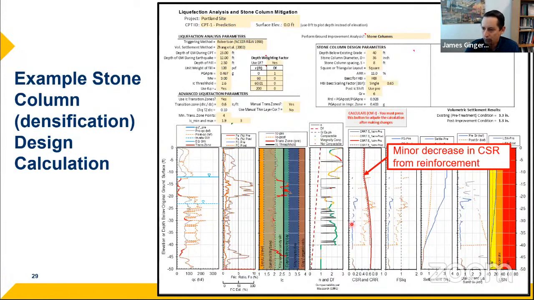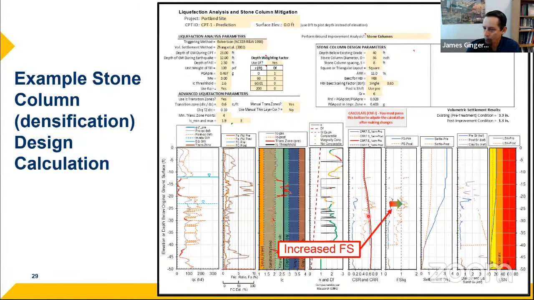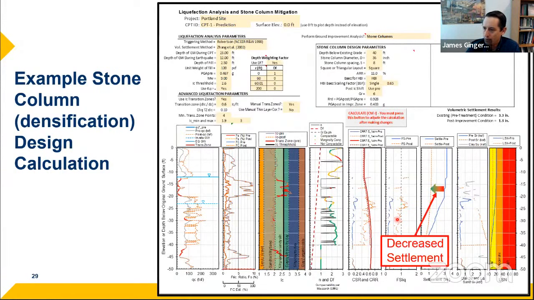What's really making a big difference is going from the cyclic resistance ratio way down here in blue to the post-treatment one with the denser material, way up here. By doing that, you can see that we're increasing the factor of safety from around 0.2 or so up to, in some cases, over 1, but in some cases it's still below 1. So that may or may not be okay.